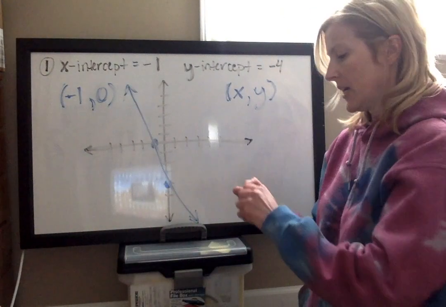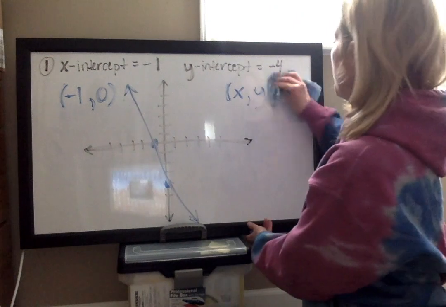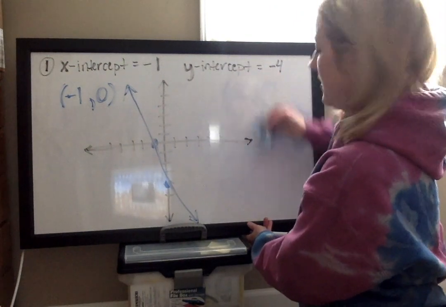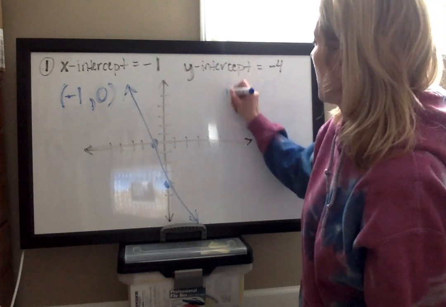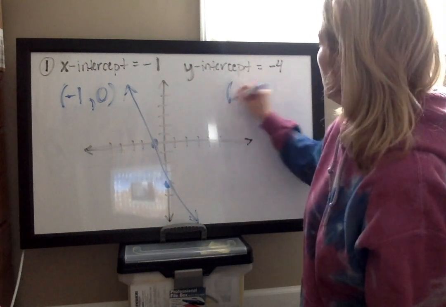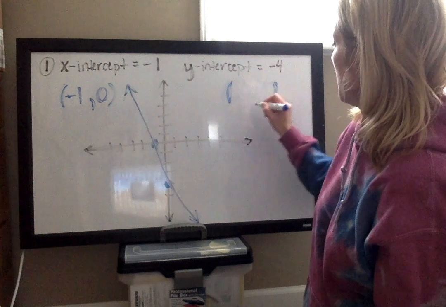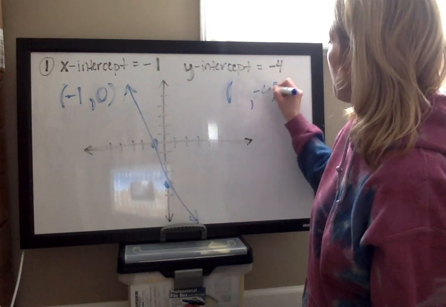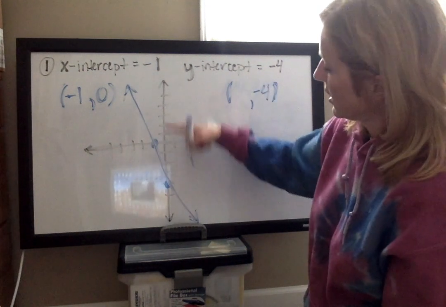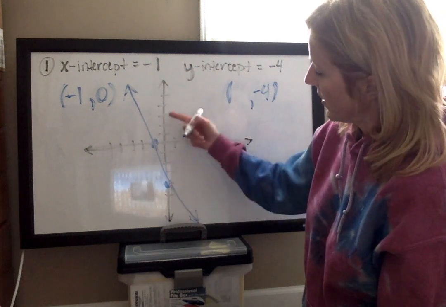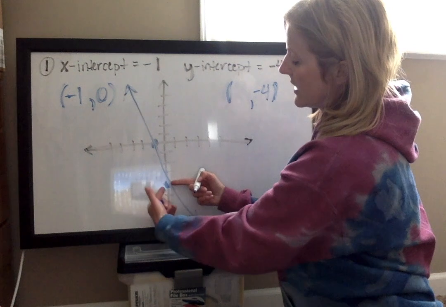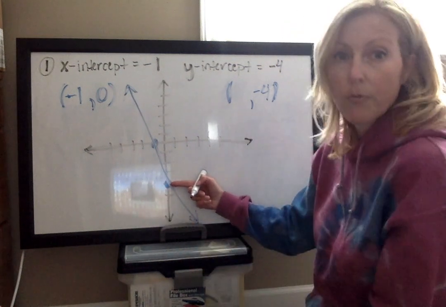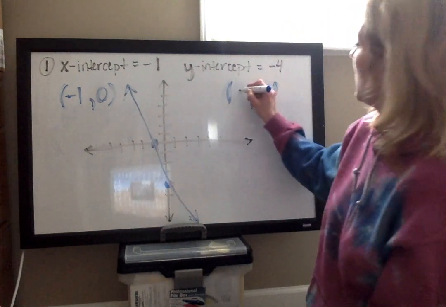Okay, so then let's look at the y-intercept. We know what the y is, so we draw our ordered pair. My y is going to be -4, and if I look here on my graph, when my y is -4, my x is always going to be 0 for my y-intercept.